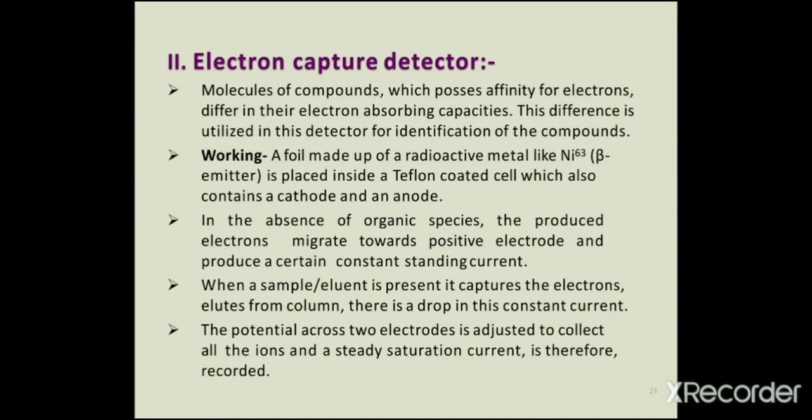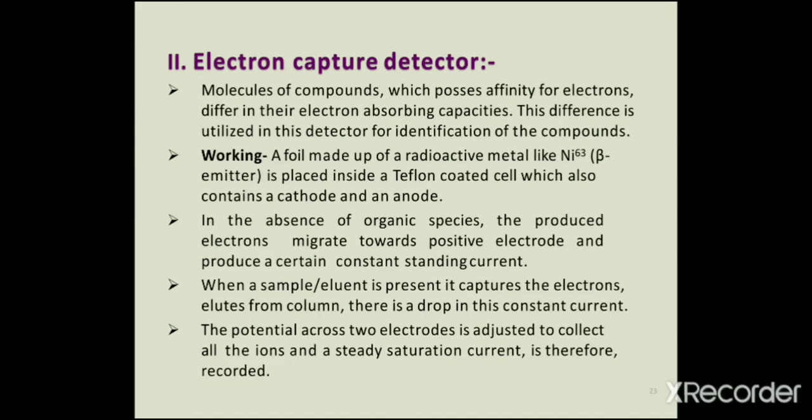In this, a foil is made up of radioactive metal like nickel 63, and this foil is placed inside the Teflon coated cell, which will also contain the electrodes, that is cathode and anode.